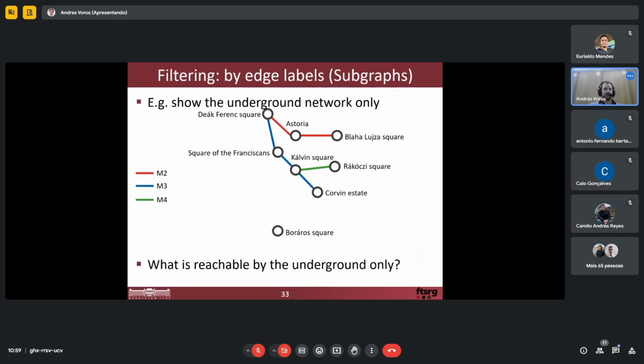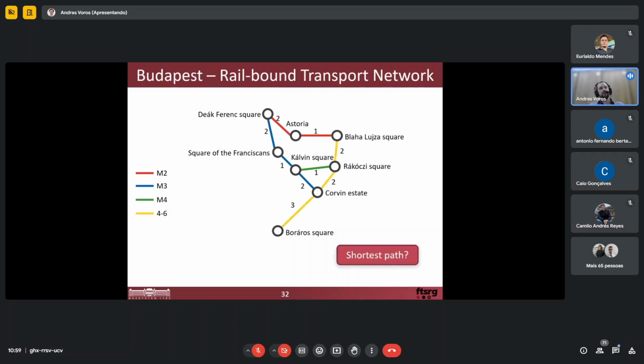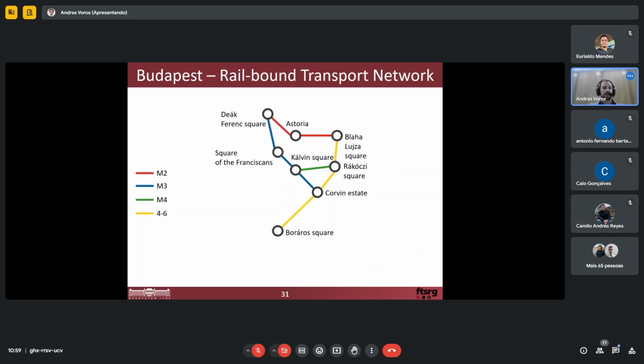And we also have a very powerful tool called filtering, for example, in this case, by edge labels. And we will get some subgraphs of the original graph. So we can, for example, remove the tram line that was 4-6, that is the yellow.